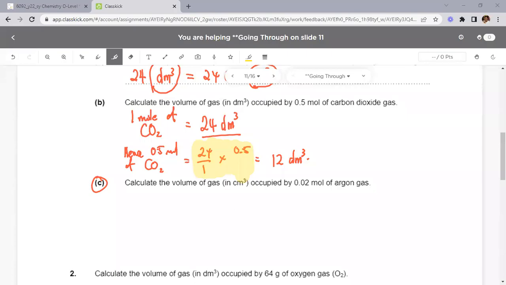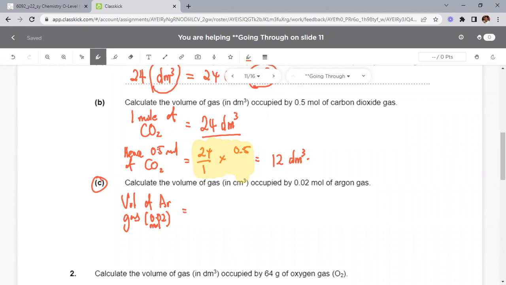Let's carry on. So how to go about doing this? I want to find the volume of argon gas for 0.02 mole.